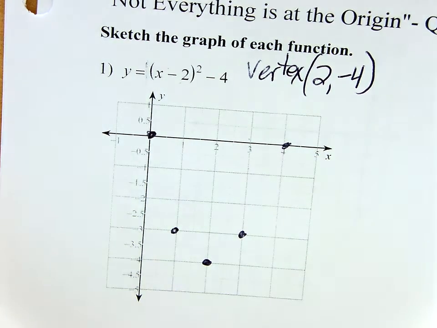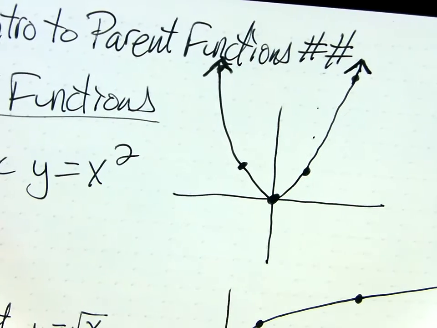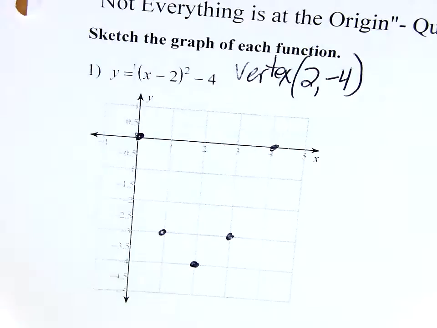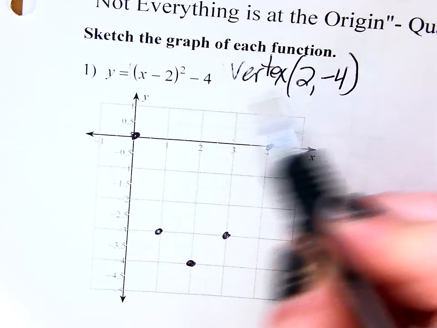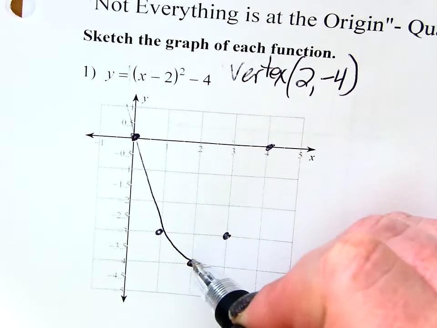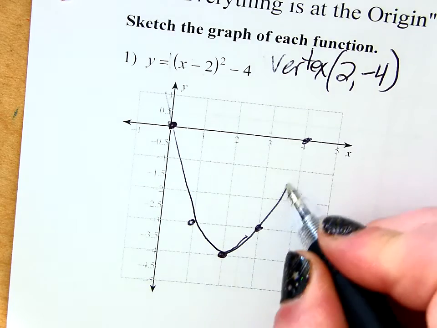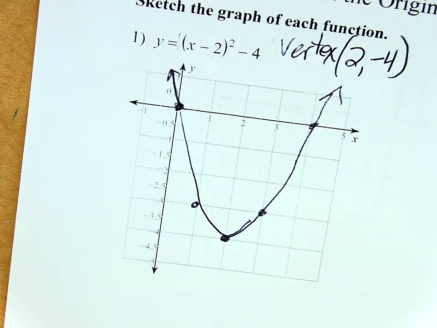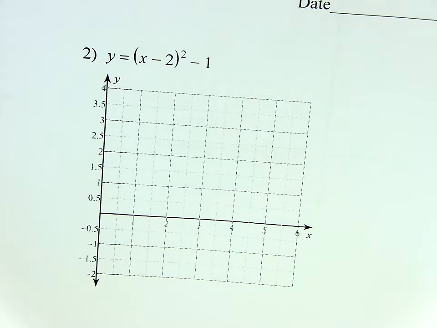Okay, now this is the same thing. If you look at our parent function, I literally took the parent function, I picked it up, and I moved it 2 units to the right and 4 units down. So if you can graph a parent function, you can graph any of these other ones, because they all work the same way. You're just picking it up and moving it. Okay, so you graph number 2 for me, please.